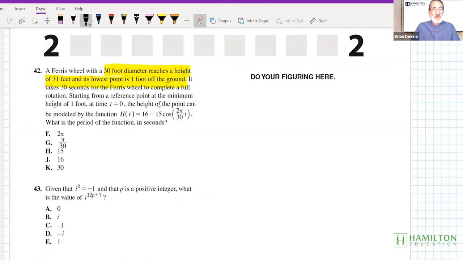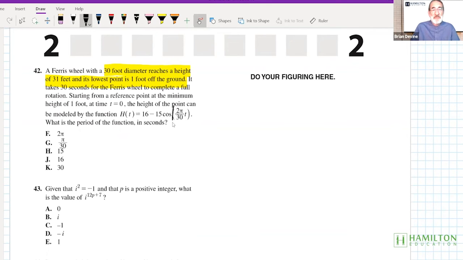Starting from a reference point at the minimum, at time 0, the height of the point on the Ferris wheel can be modeled by a function, h of t equals 16 minus 15 cosine 2 pi over 30 times t. What is the period of the function in seconds?